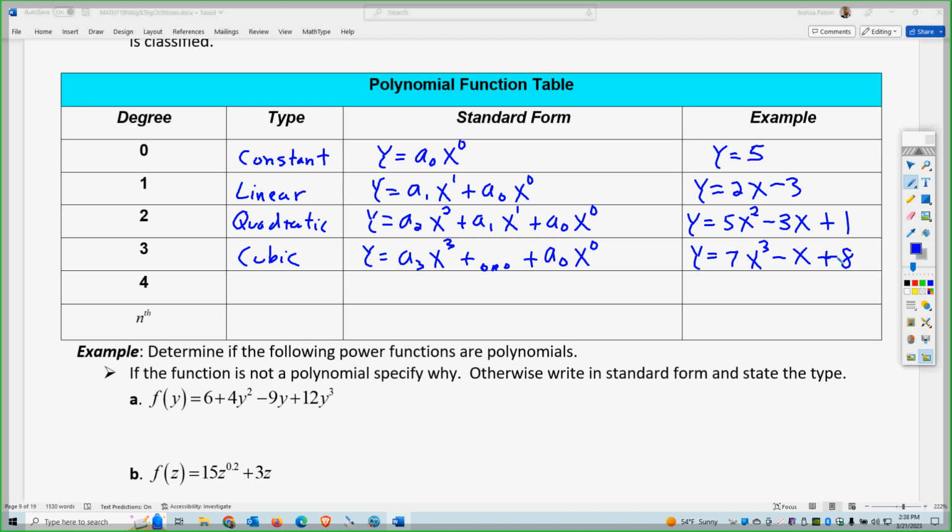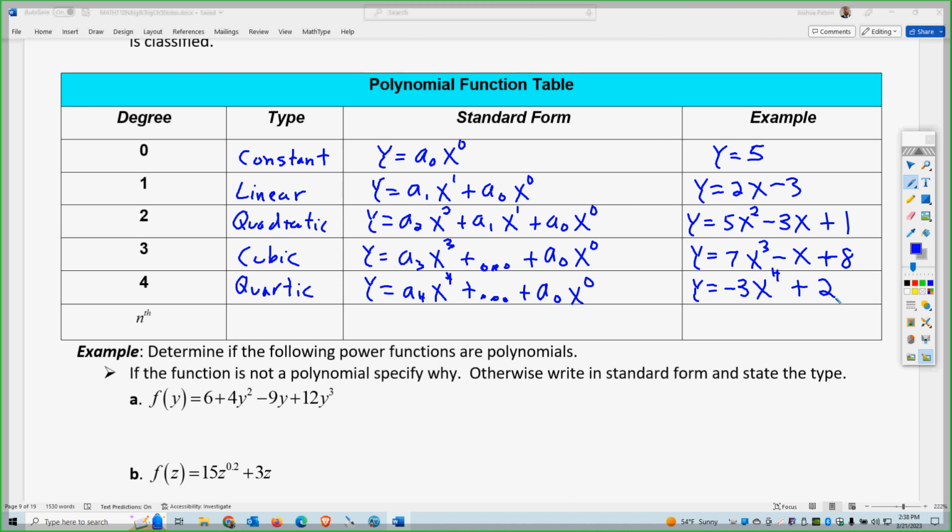So fourth power is called quartic, right? So y equals a sub 4 x to the 4 plus dot, dot, dot plus a sub 0 x to the 0. For example, y equals negative 3x to the 4th plus 2. So I skipped all of the terms. I didn't put a third power, second power, or a first power term on there, which is fine.